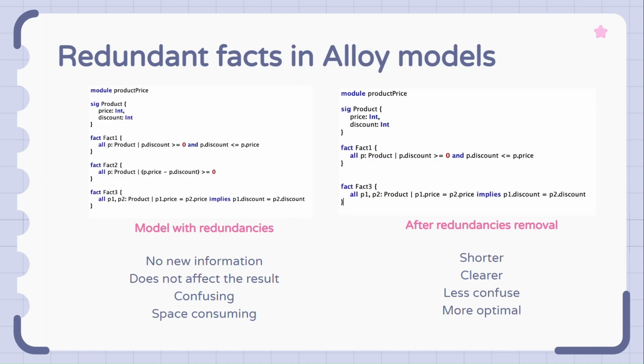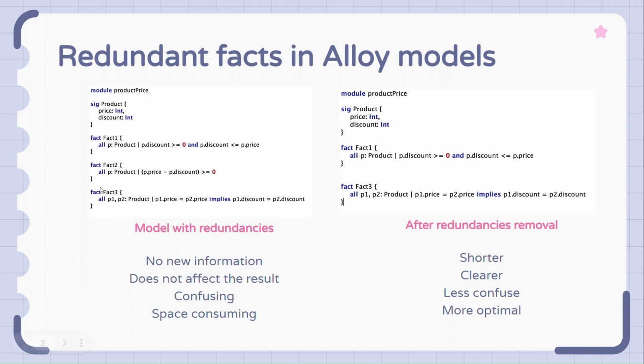For the example of redundant files in the alloy model, we can see here the model on the left side. The file number 2 contains no new information and it does not affect the result of the model. So when it is here, it causes confusion and it also consumes the space of the model.